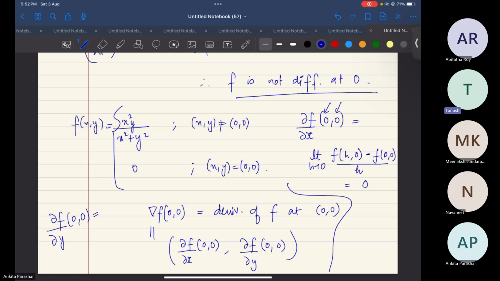That too will be zero, I believe. Limit f of 0 comma k minus f of 0 by k, that is also 0, right? So certainly you cannot use this fact, because the limit exists, and therefore you cannot simply say what these are.